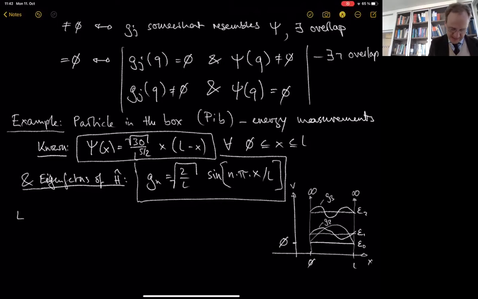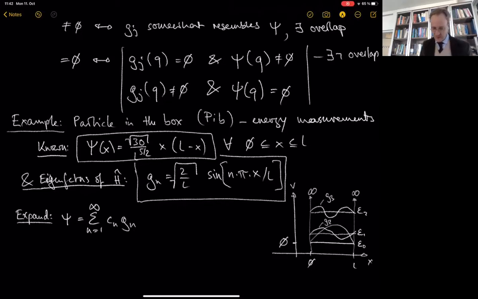N, of course, can go up to infinity, and so we expand psi equals the sum n equals 1 to infinity of Cn Gn.